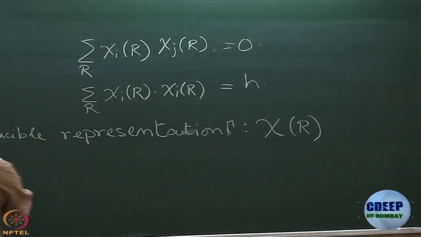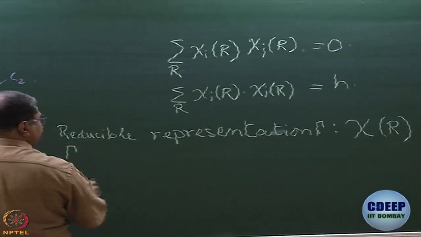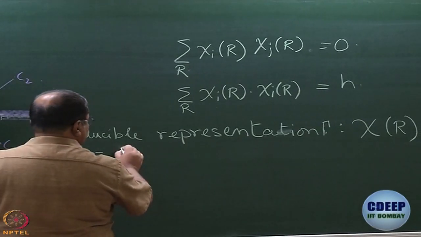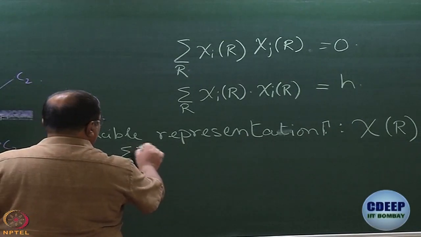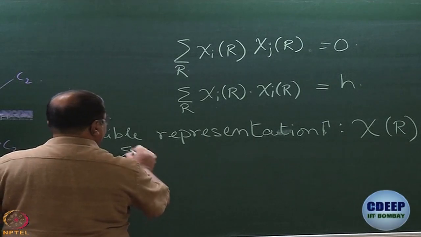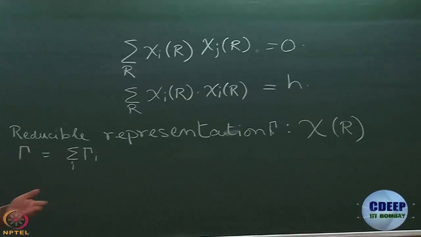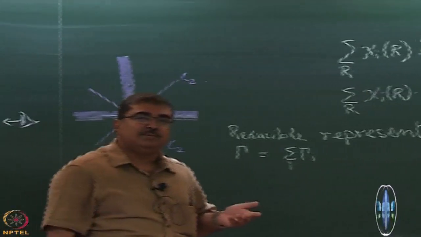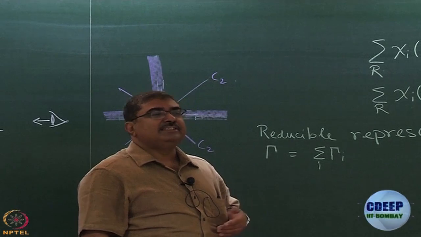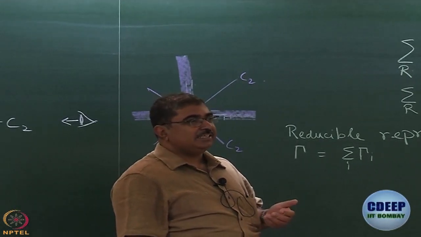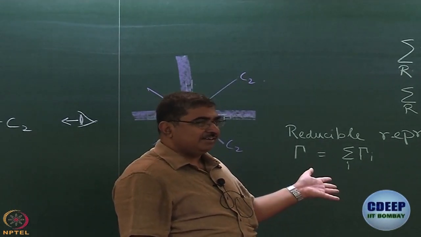If it is a reducible representation, I should be able to write gamma as a sum over i of gamma i, where the gamma i's are the irreducible representations, gamma i is the ith irreducible representation, i is a general identifier.